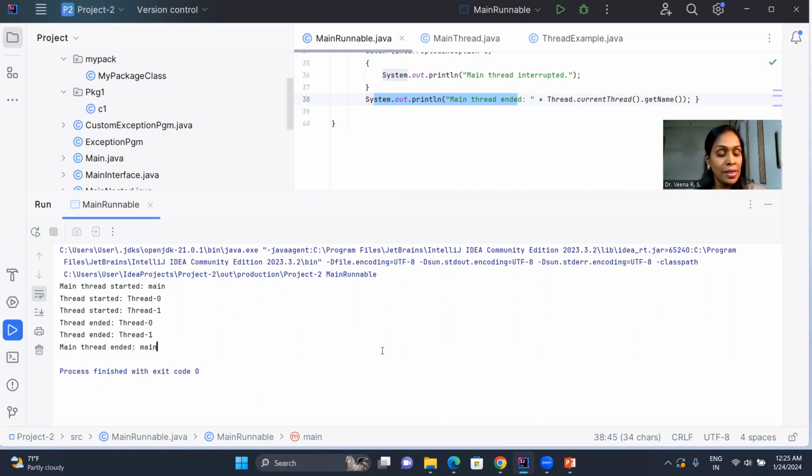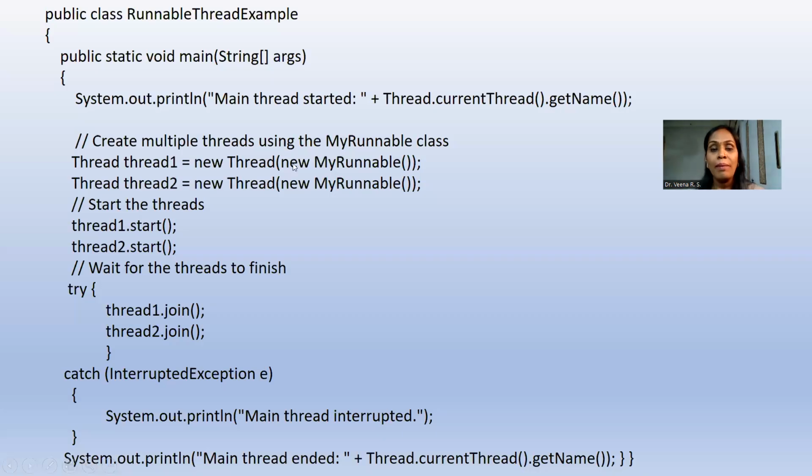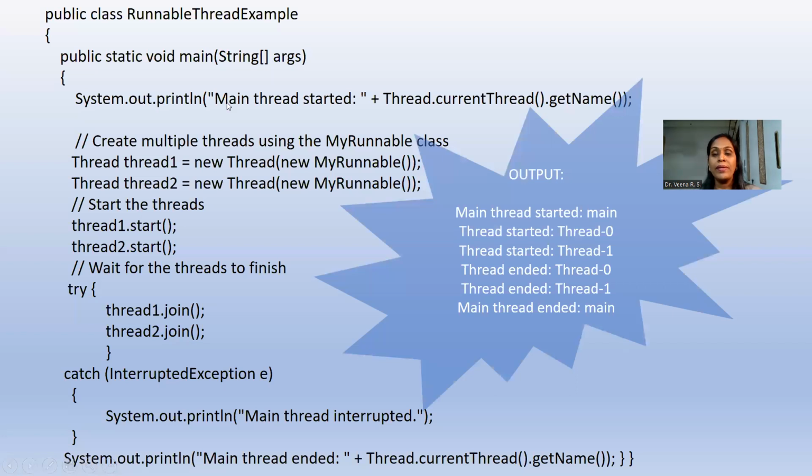So this is the output of lab program 11, where you have created a total of 3 threads, and that's why this program is called multi-threaded programming. The output first has the statement main thread started.